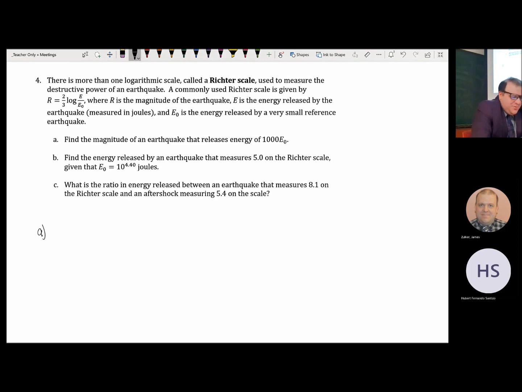Find the magnitude of an earthquake that releases an energy of 1,000 E naught. We're going to have 2/3 common log of 1,000 E naught divided by E naught.